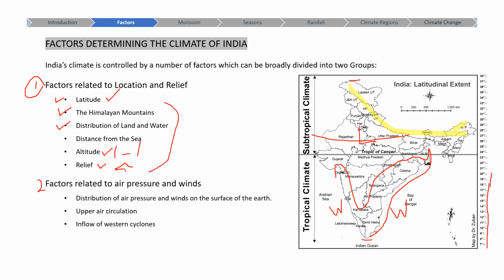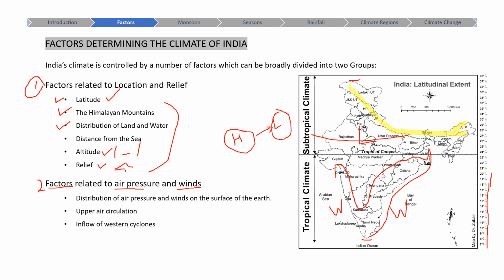The second group is the factors related to air pressure and winds. Air pressure and winds are related where the pressure is high and another the pressure is low. So winds move from high pressure to low pressure area. Okay, so this is the general movement.